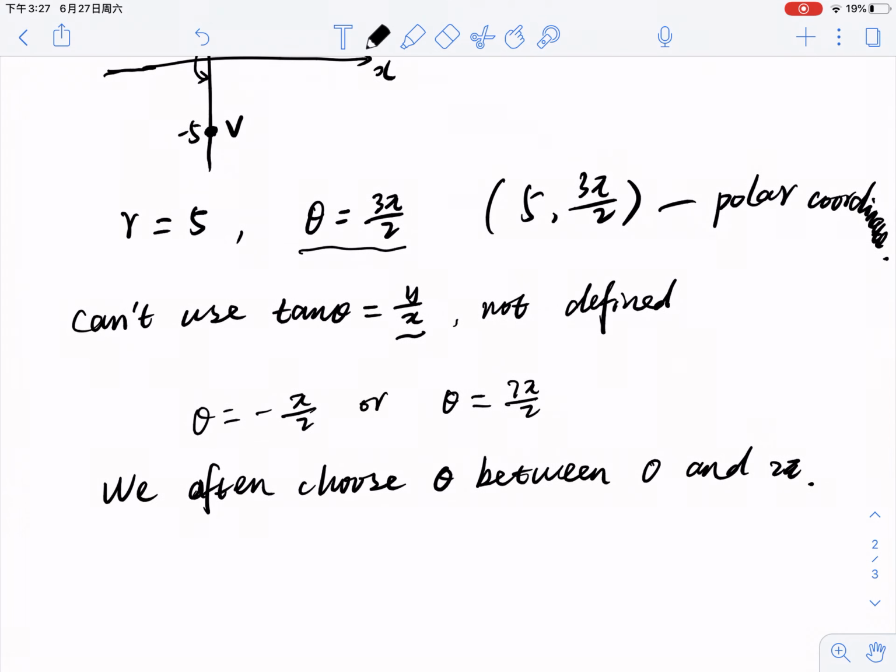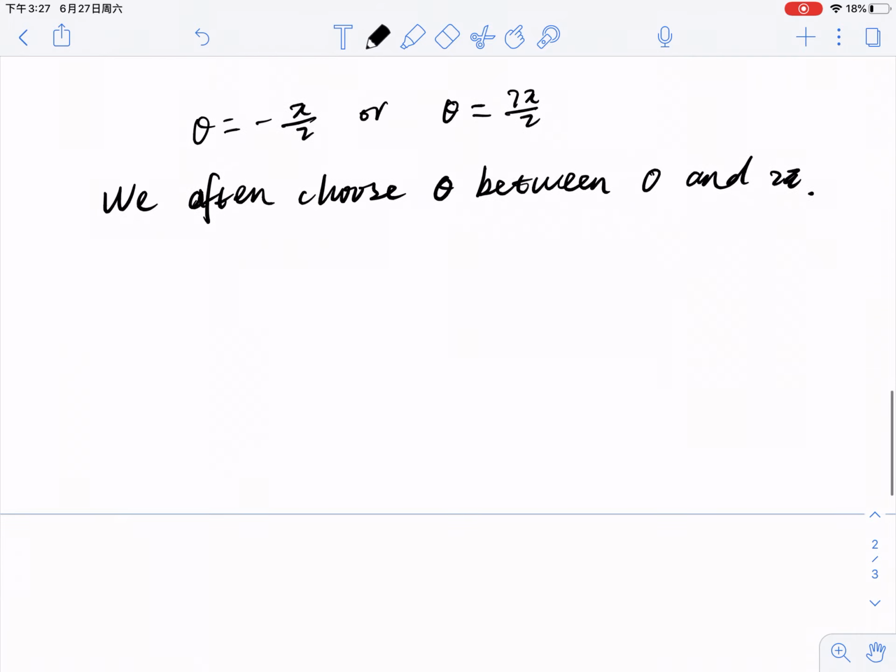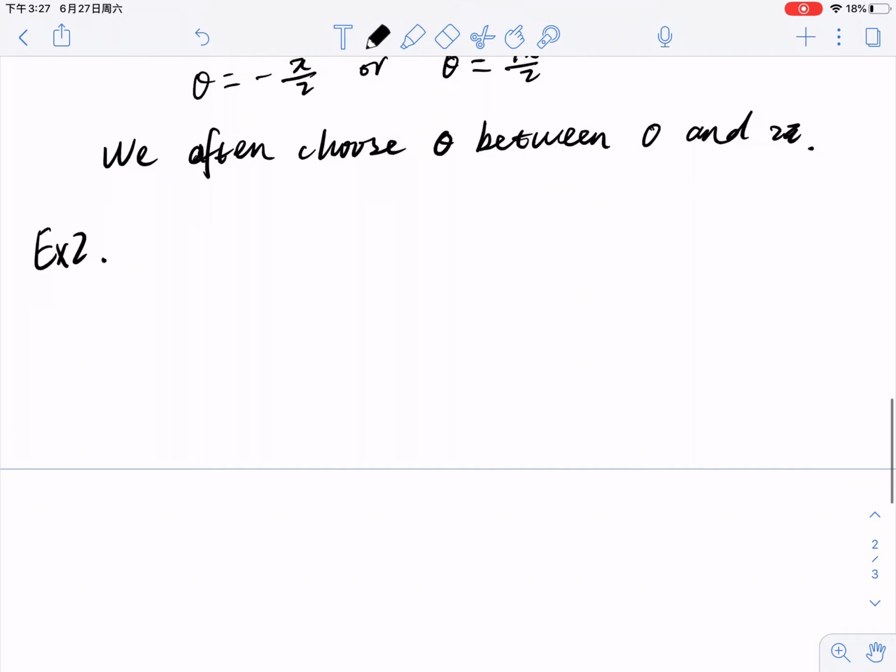This is example 1: convert the coordinates between Cartesian coordinates and polar coordinates. The second example is to graph simple functions in polar coordinates.